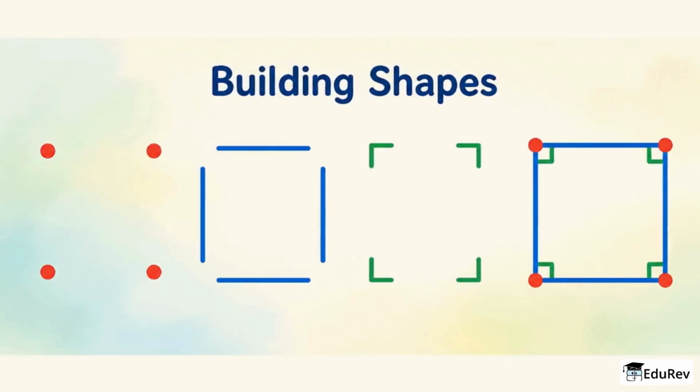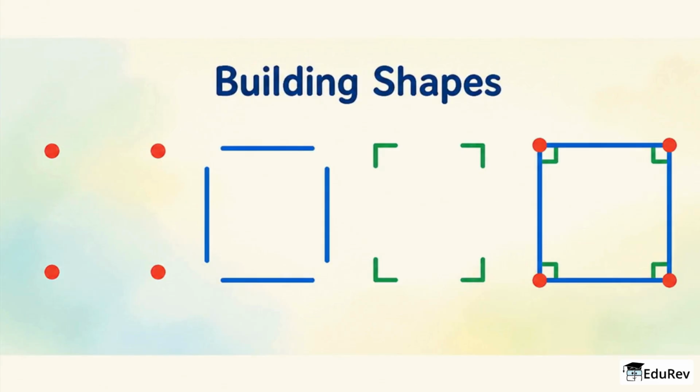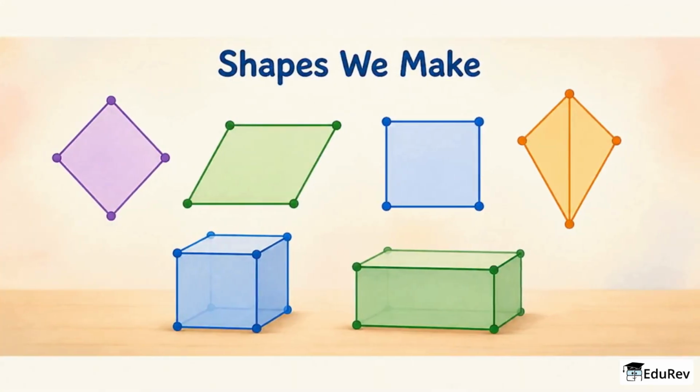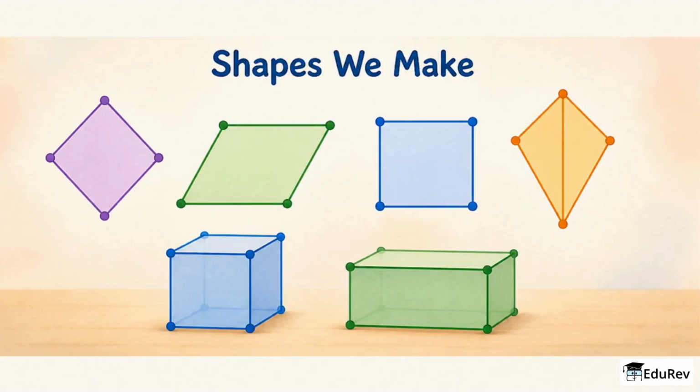Points mark corners, lines show sides, angles make corners, and together they form shapes like rectangles with 4 sides and 4 right angles. We can also make shapes like rhombus, parallelogram, square, kite, cube and cuboid, all using points, lines and angles together in many ways.